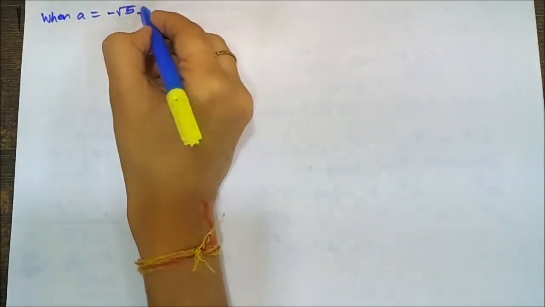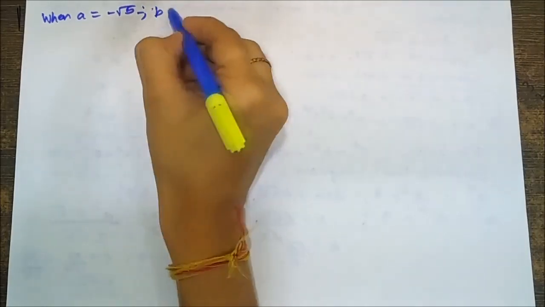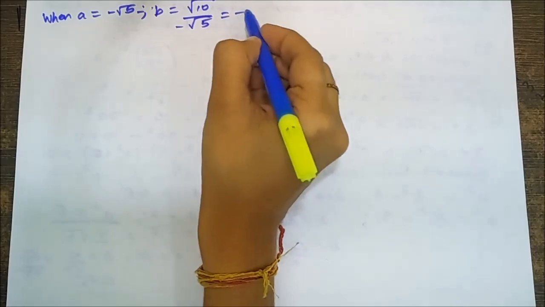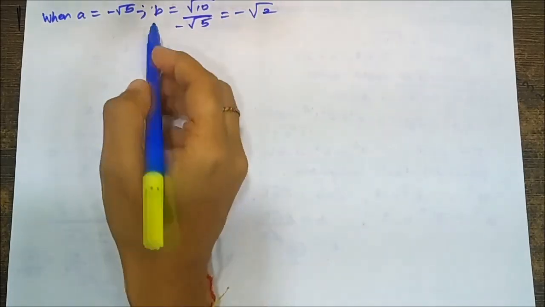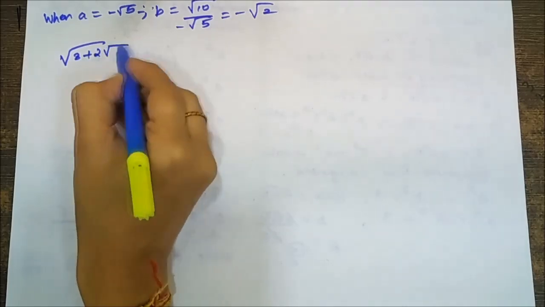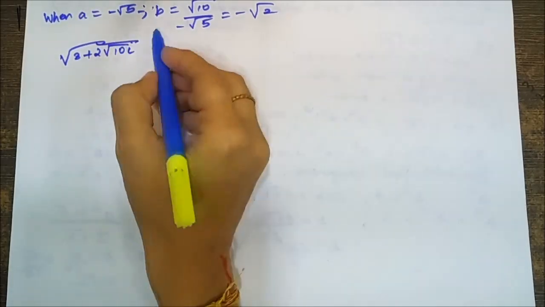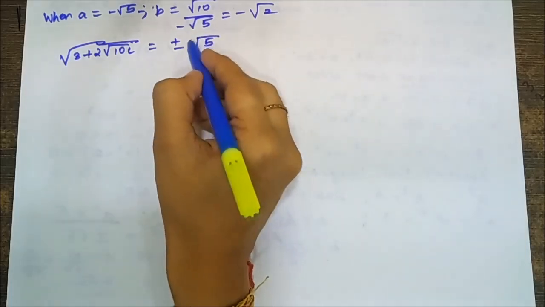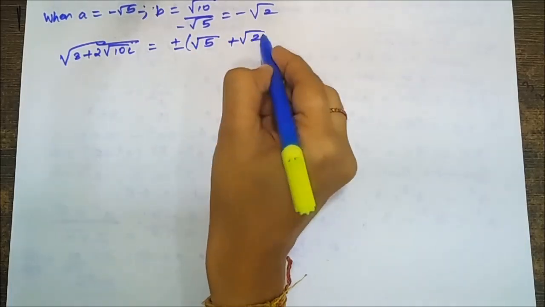When a is minus root 5, b is equal to root 10 upon minus root 5, so b is minus root 2. 3 plus 2 root 10i is equal to plus or minus root 5 plus root 2i.